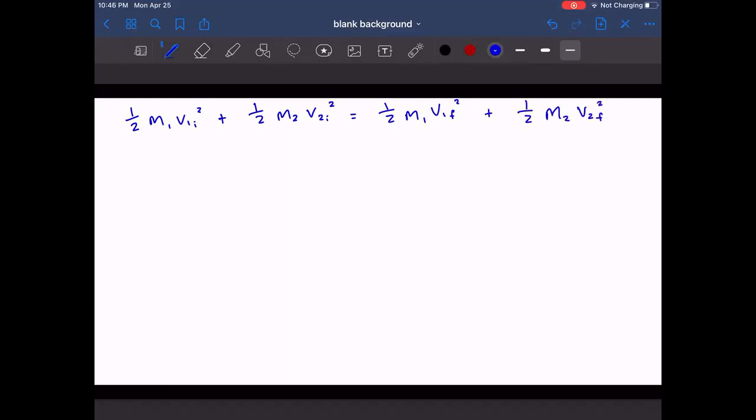We're trying to find the final velocity for V1. You're going to move the 1/2 M2 V2F squared and move that part to the left side.